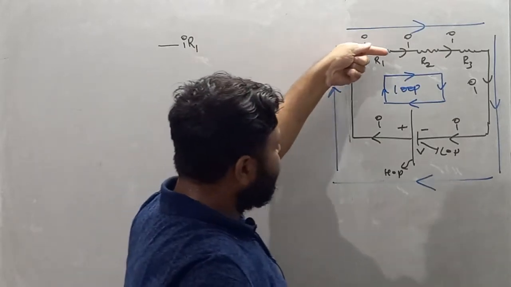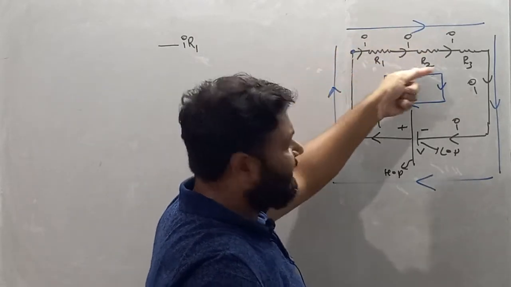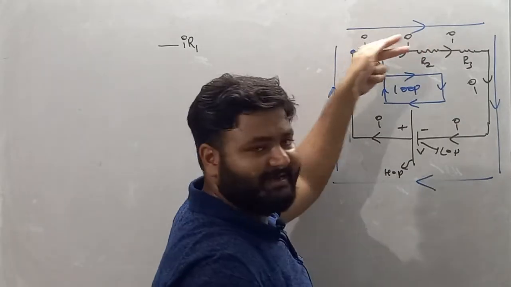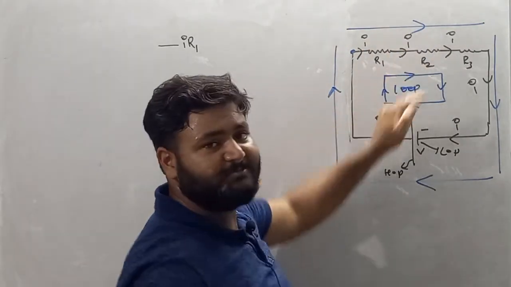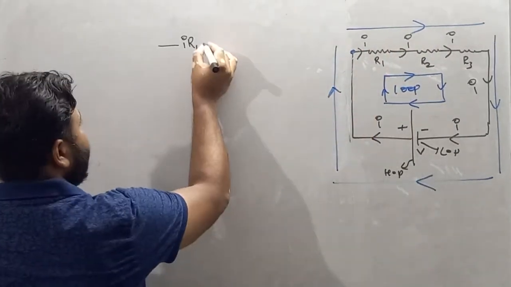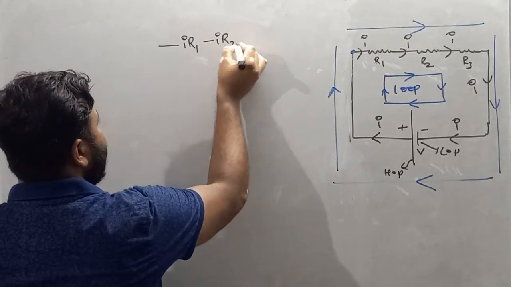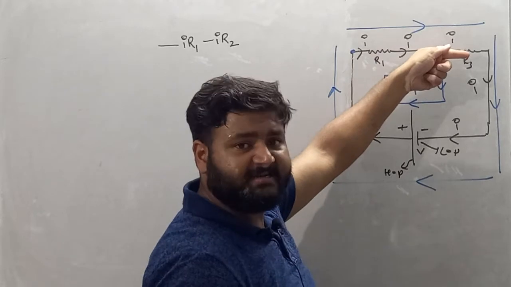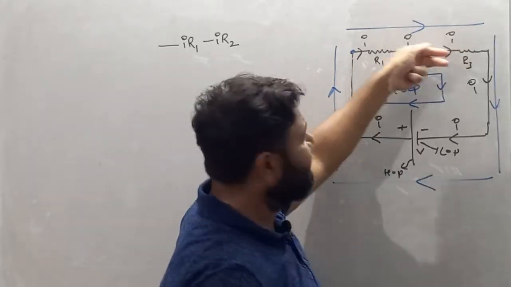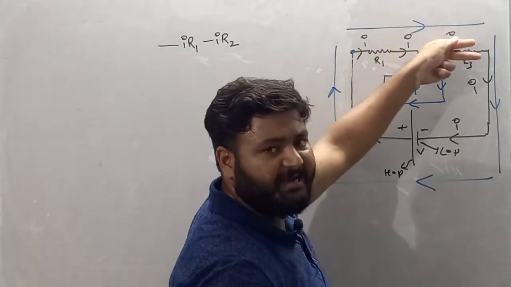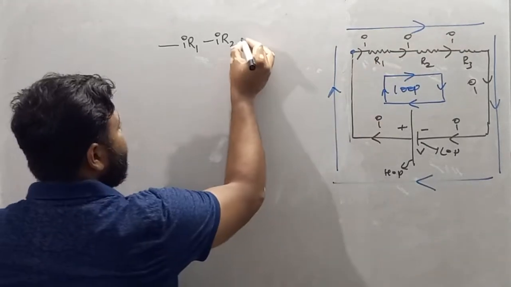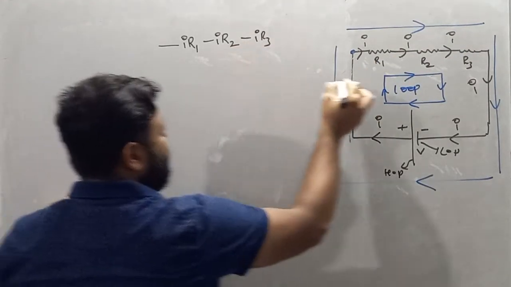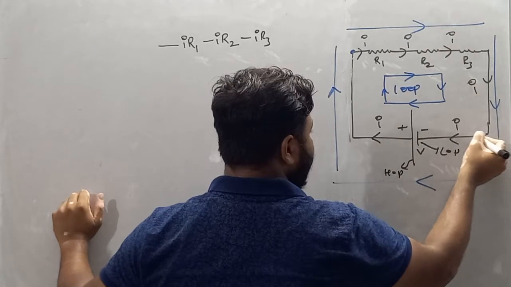Moving forward, I encounter R2, where my direction and current direction are the same, so minus IR2. Then R3, again the same direction, so minus IR3.